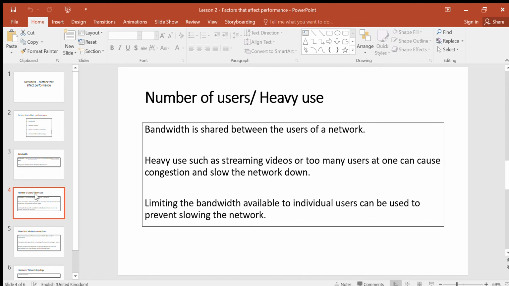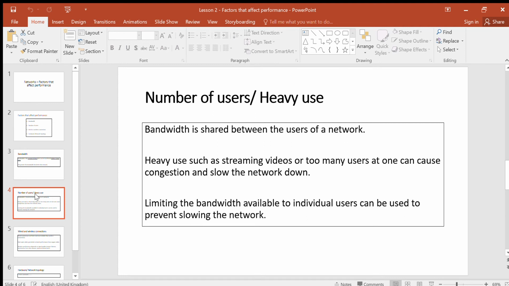However, you then need to factor in what they are doing. If you have users streaming videos, that obviously takes up more bandwidth because more data is being transferred.